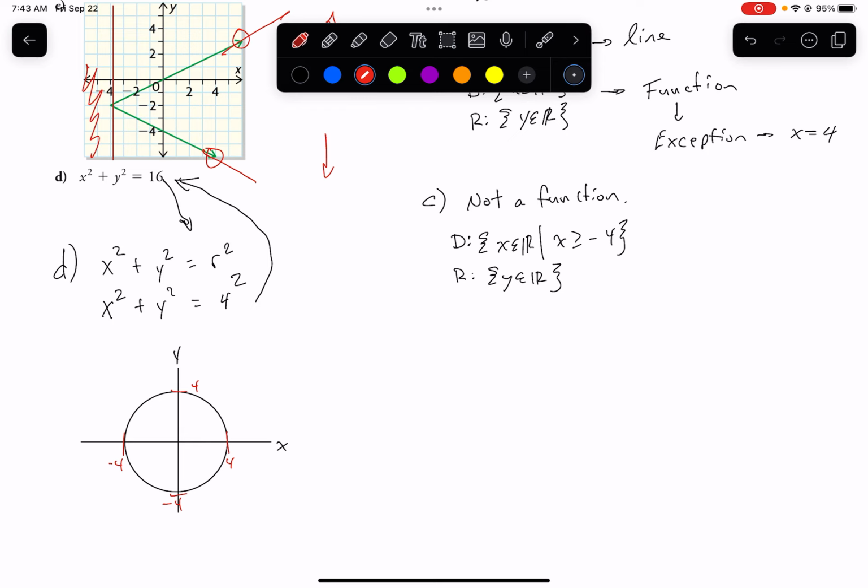Okay, so it's domain and range. For sure, right off the bat, if we just mention this idea of a function versus a relation, that is not a function. It's going to fail the vertical line test. What we're going to take a look at, though, is what its domain and range is, because it does have a particular area of the graph where it is valid. So D, not a function for D.